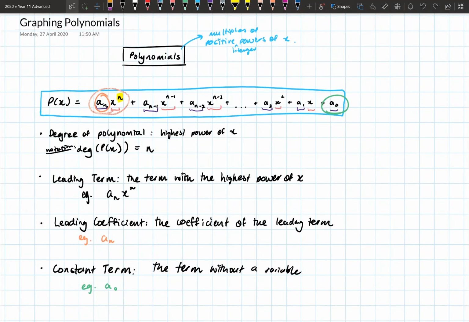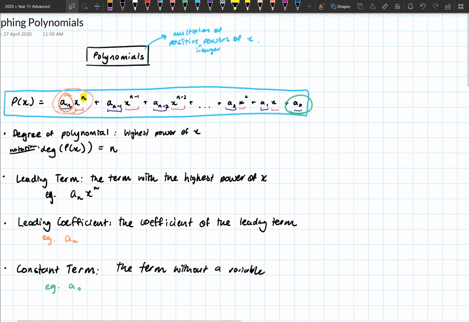We've actually dealt with a few polynomials before. For example, linear functions are polynomials, such as p(x) = 4x + 2. Linear functions have degree 1.